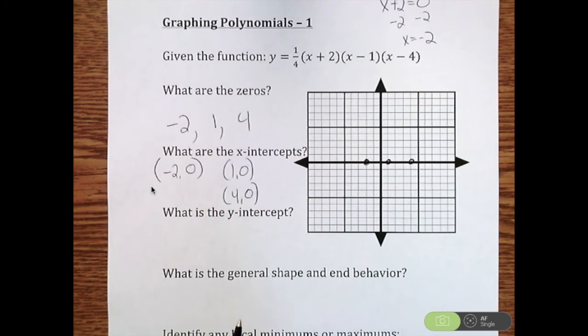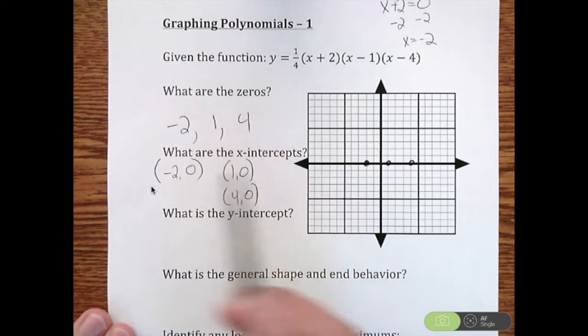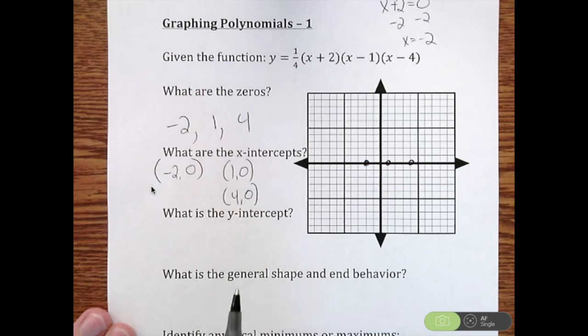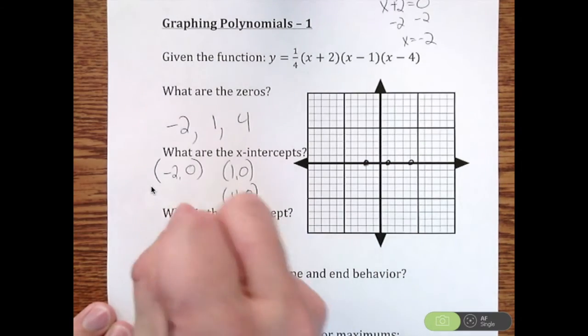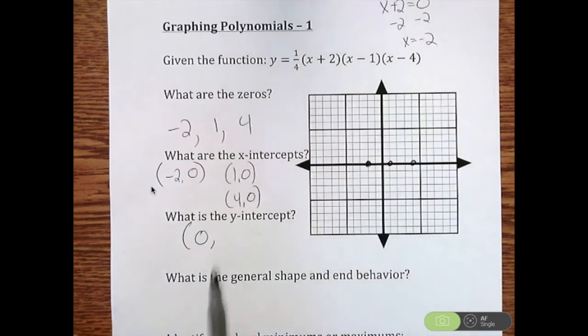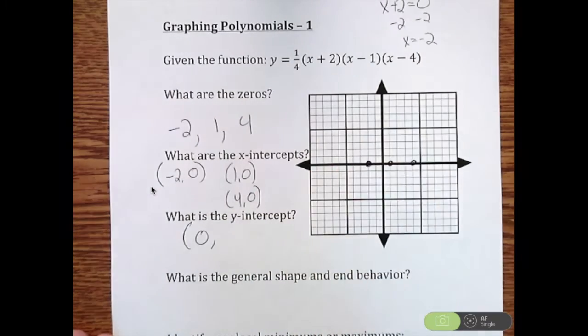Next, I can find the y-intercept. And the way we find y-intercepts is very similar to x-intercepts. X-intercepts, notice if you want the x-intercept, the y values are all 0. So if you want the y-intercept, your x value is 0. So what you're going to do is you're going to plug in 0 into this graph.